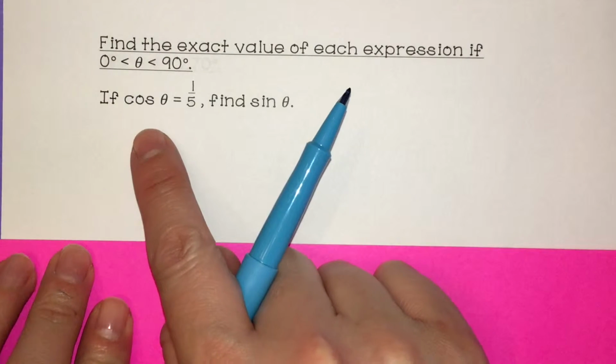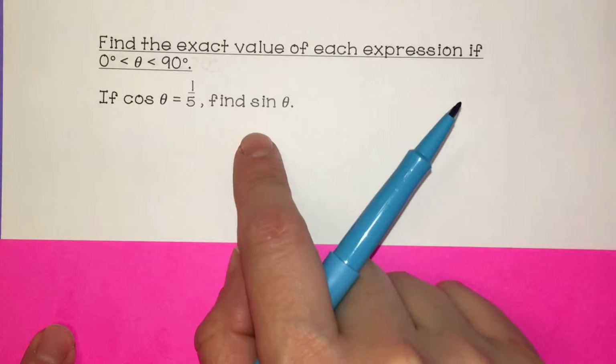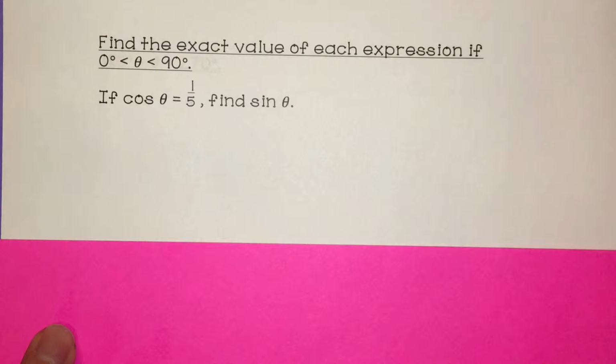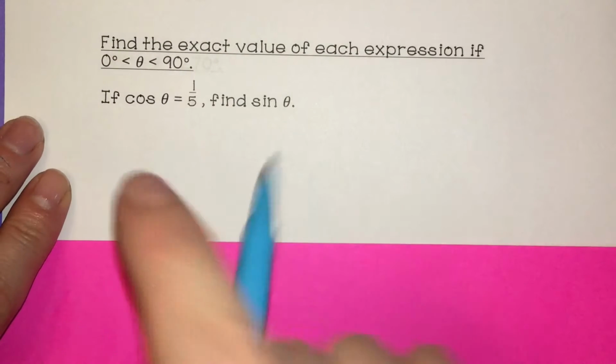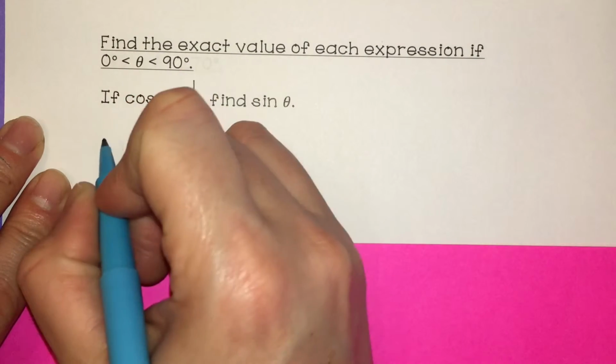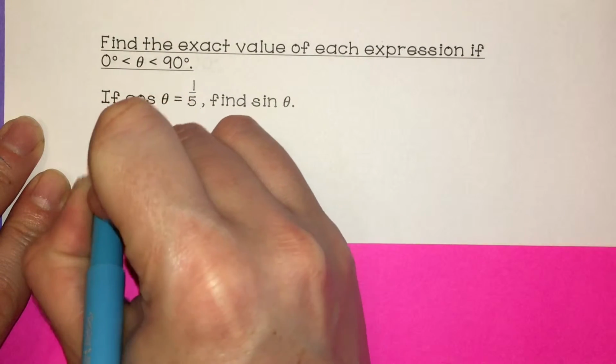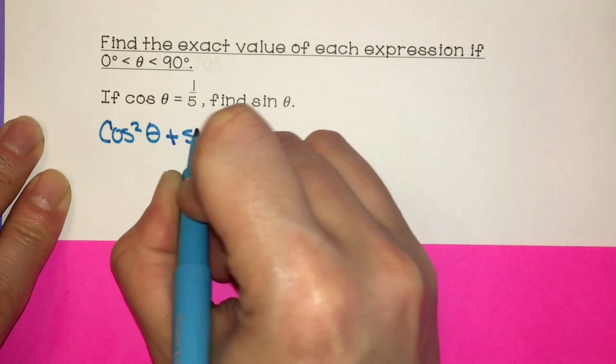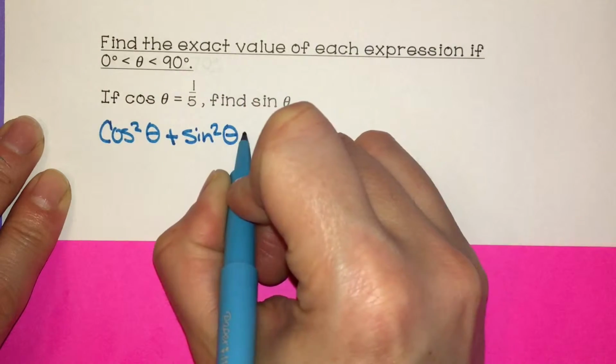So if cosine theta equals 1/5, I need to find sine theta. For this one, I'm going to start with my Pythagorean identity, the one that involves both cosine and sine. So cosine squared theta plus sine squared theta is equal to 1.